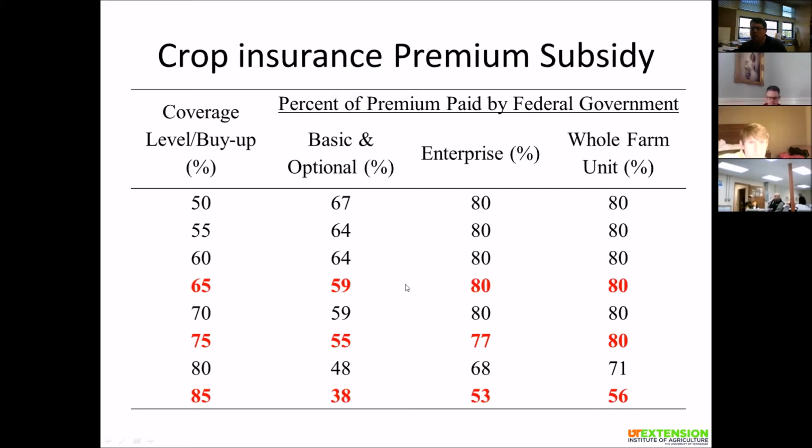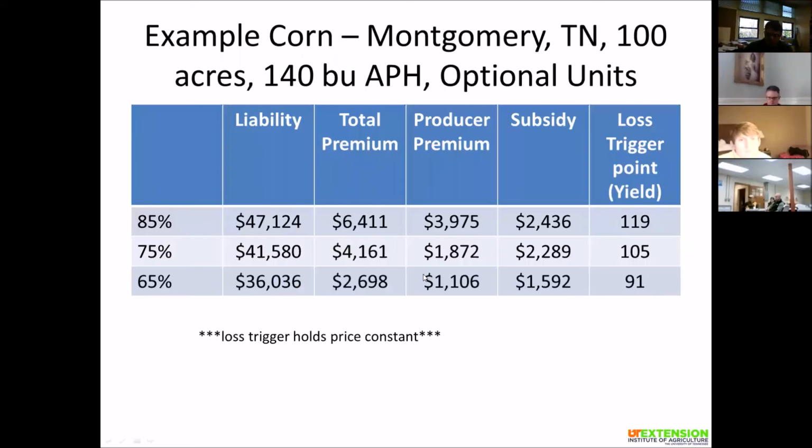There can be some really interesting scenarios where you might be able to use enterprise units on certain fields if you farm across multiple counties, because you can get a similar benefit as a basic or optional depending on where some of these fields are located. So running these scenarios with your crop insurance representative is imperative.